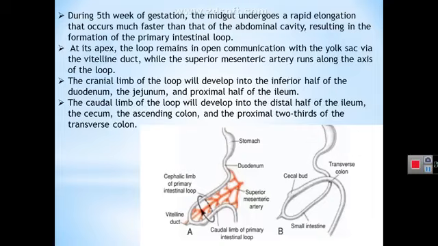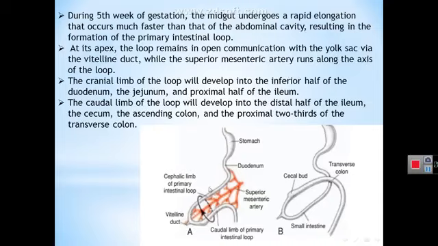Development of the midgut is characterized by rapid elongation of the gut and its mesentery, resulting in the formation of the primary intestinal loop. At its apex, the loop remains in open connection with the yolk sac by a narrow vitelline duct.